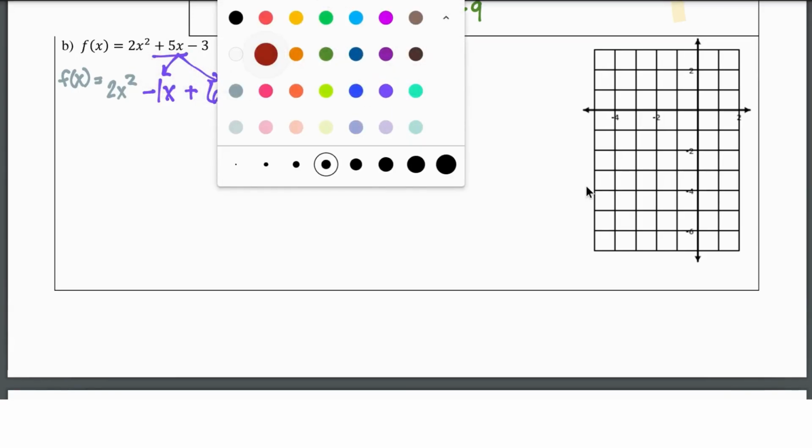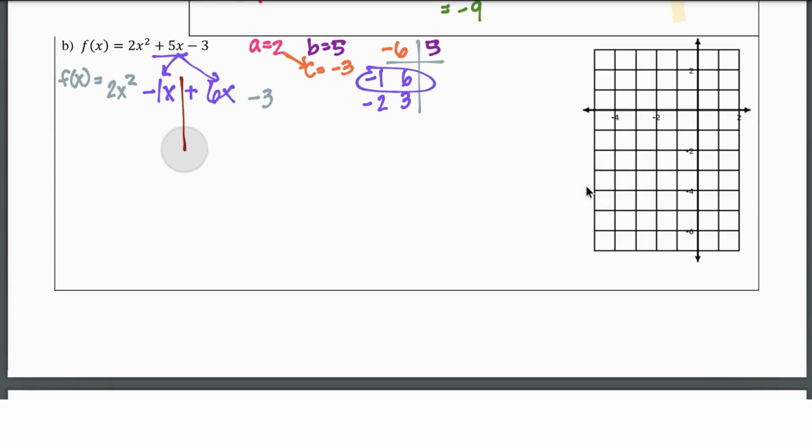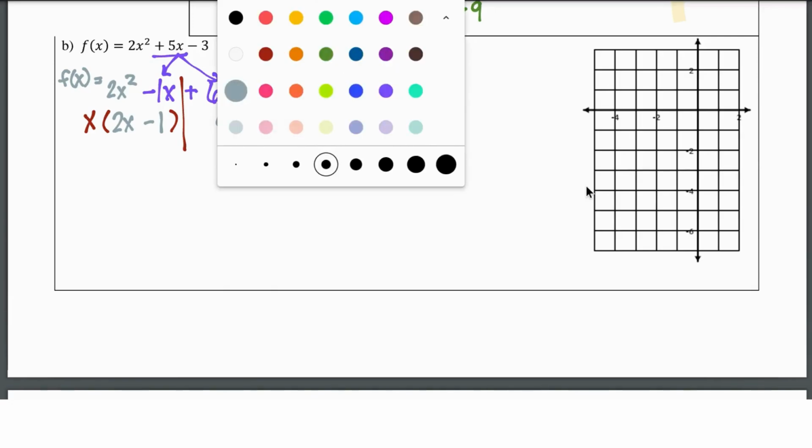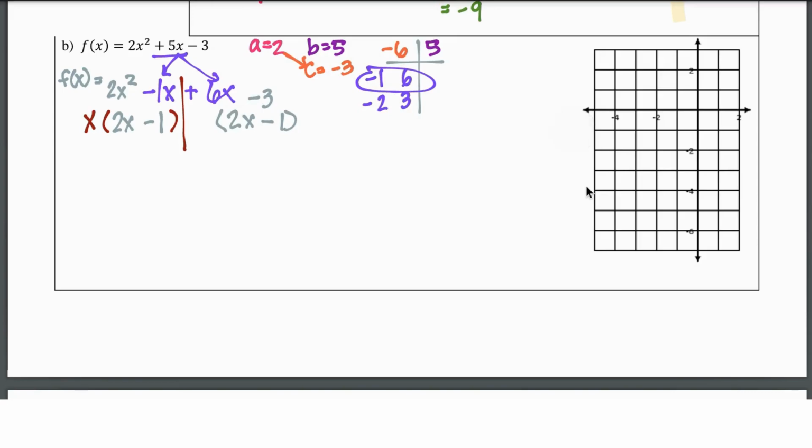And so in this problem, we're going to have to factor by grouping, again, because A wasn't 1. And so that means that if I look at my first two terms, I have a greatest common factor of x. 2 and 1 have no numbers in common. So when I factor out a GCF of x, I'm left with 2x minus 1. So that tells us that if we did this correctly, we should have a 2x minus 1 left over for our second pair.